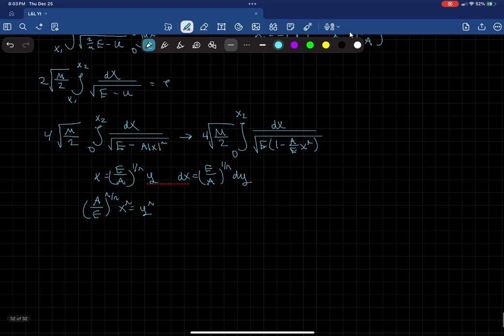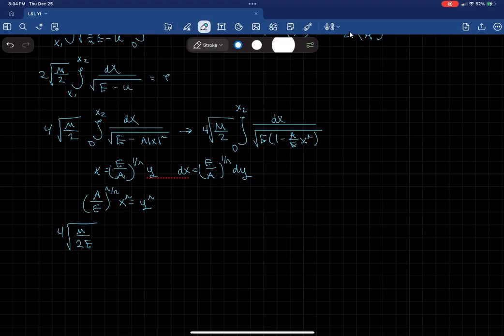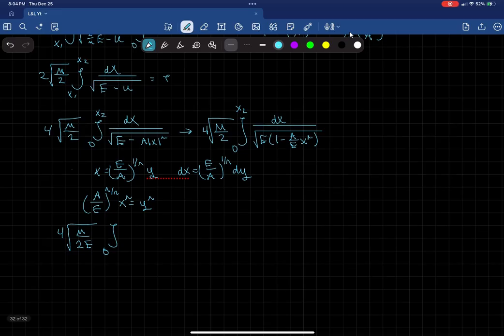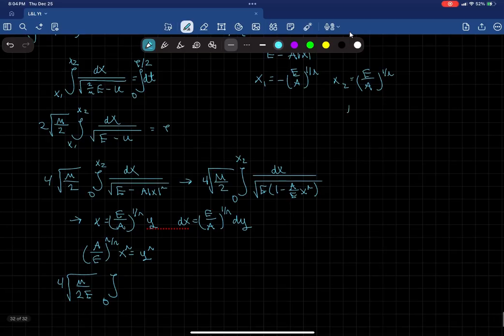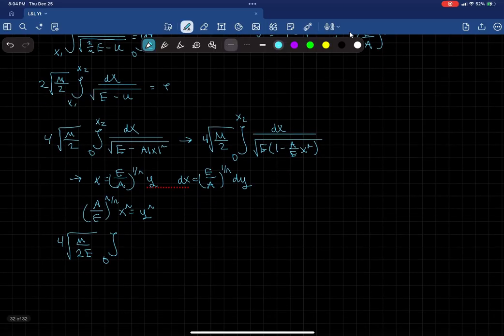So I can now write this as 4 times the square root of m over 2E, factoring out this E right here, integral from 0. Now, when x equals 0, y must also equal 0 from this substitution. And when x equals x2, which is positive E over A to the 1 over n from my turning points calculated earlier, I get that y is equal to 1.